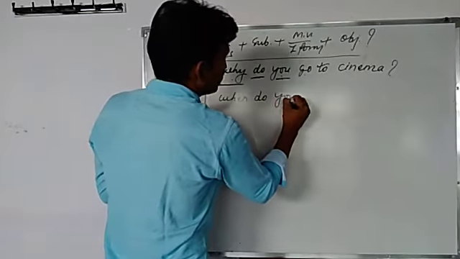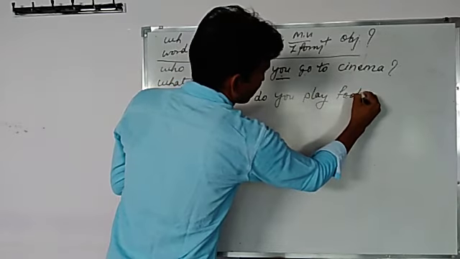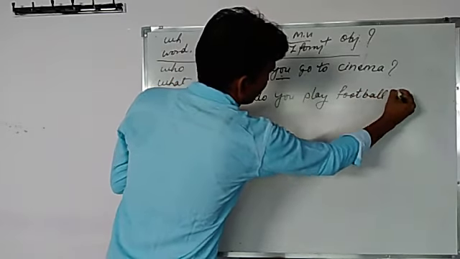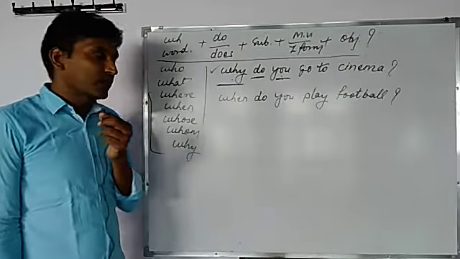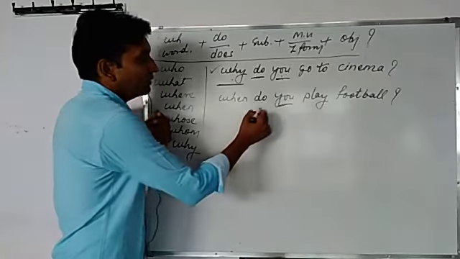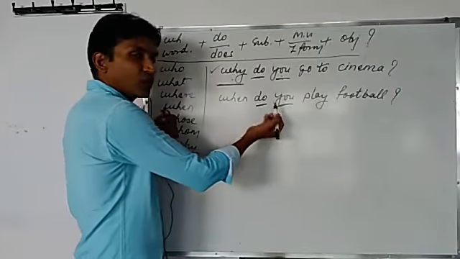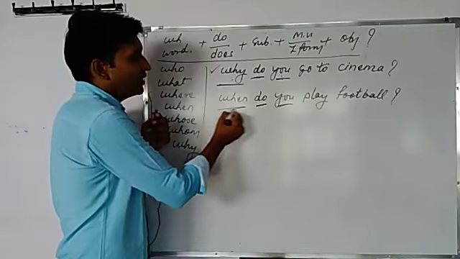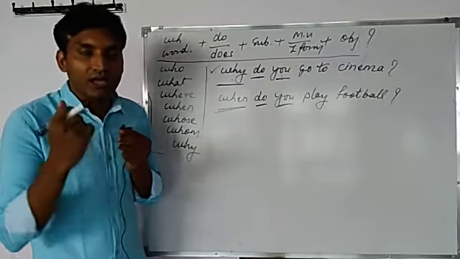One more. When do you play football? When do you play football? Here the subject is once again plural and the helping verb is do according to the number of the subject, and here we are asking about the time. When do you play?